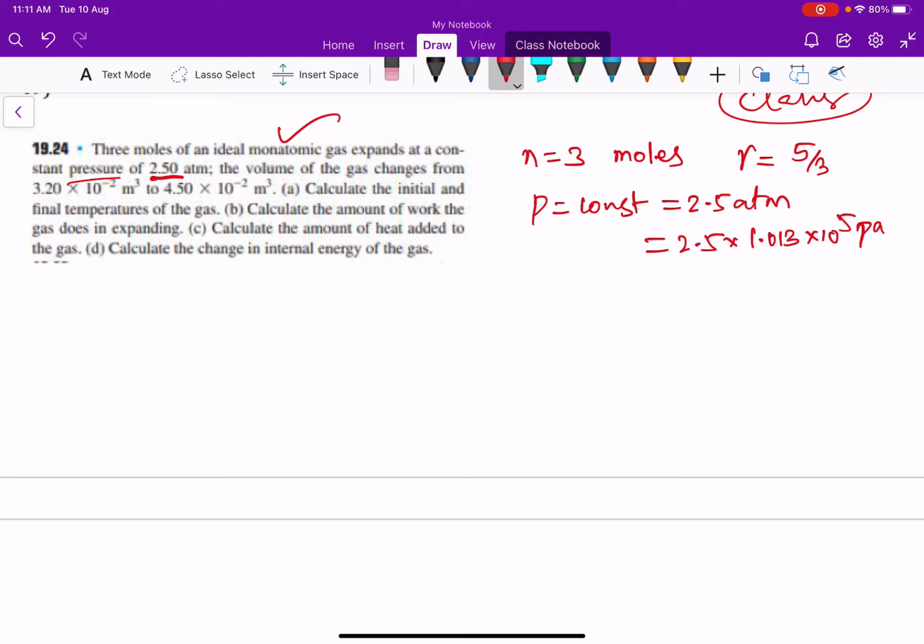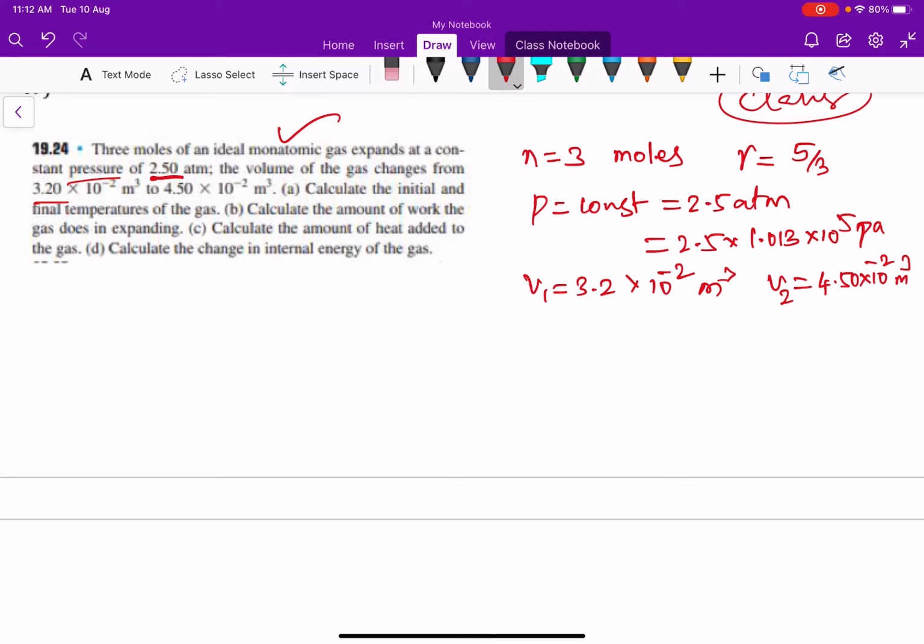This is the pressure, and the volume changes from the initial volume of 3.2 into 10 to the power of minus 2 meter cube to the final volume V2 equal to 4.50 into 10 to the power of minus 2 meter cube.